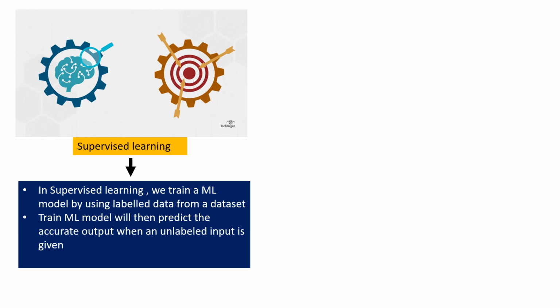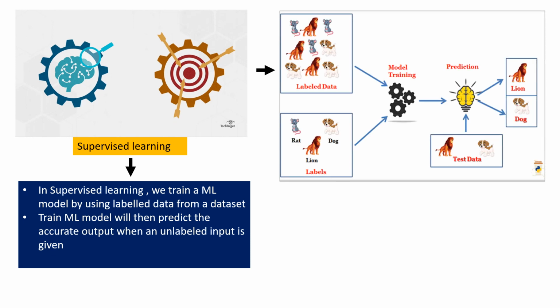We are its supervisor. You can say we are its teachers or guardians. And we want the computer, which is a child, to learn what a lion looks like. We will show various lion pictures to the computer or child and other animal pictures as well, so that he can be capable of differentiating both the features.